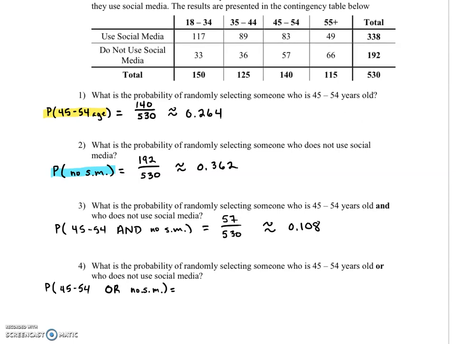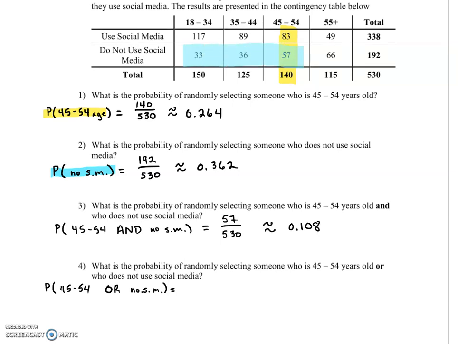The way we can do the OR from the contingency table, instead of using that formula that I showed you up above, is highlight the people in one category. So we need the 45 to 54-year-olds. So that's this column. We also need people that do not use social media.